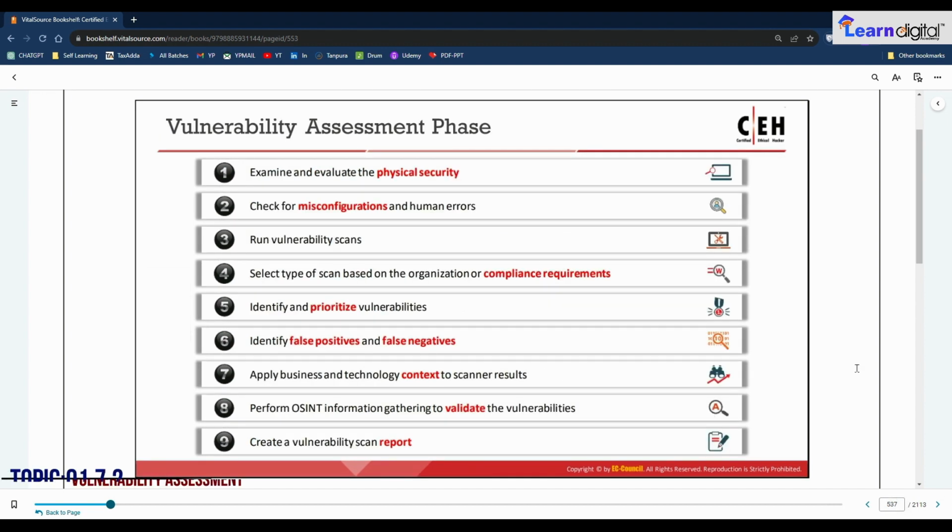The next phase is vulnerability assessment. The first was the pre-assessment phase and the second is the vulnerability assessment phase, which is very crucial in vulnerability management. The vulnerability assessment phase refers to identifying vulnerabilities in an organization's infrastructure, including the operating system, web applications, and web servers.